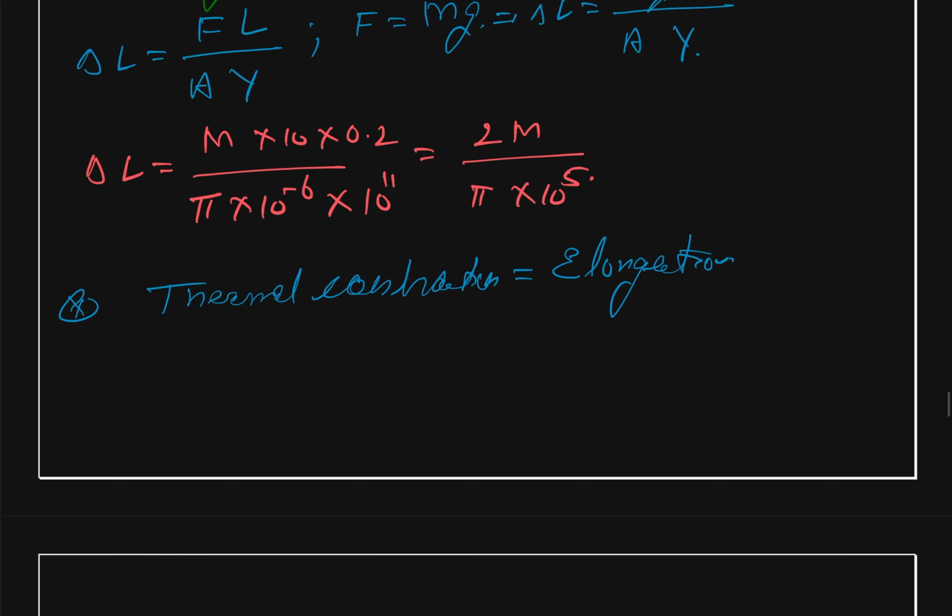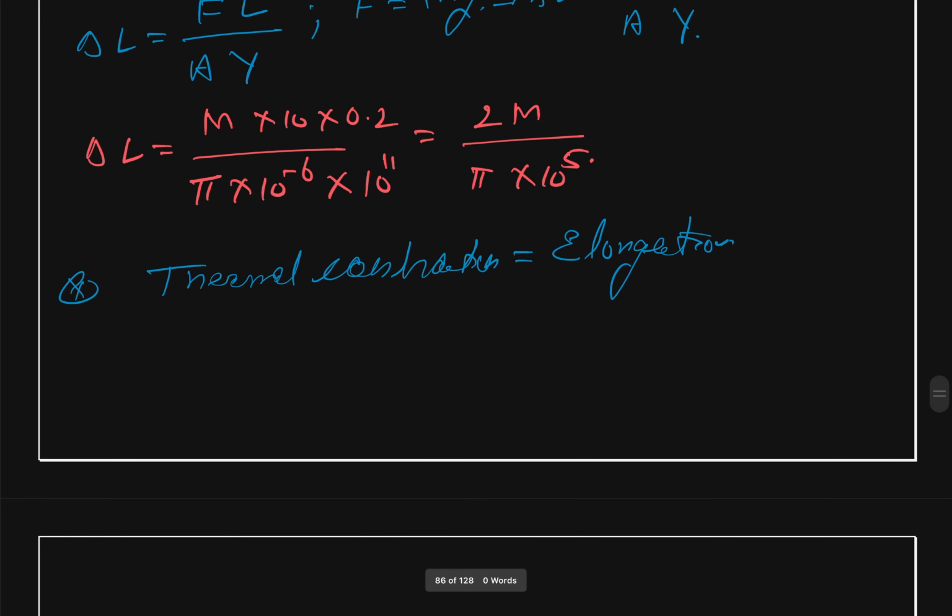Therefore the thermal contraction is 4 into 10 to the power minus 5, and the elongation is 2 times M pi into 10 to the power 5. From here we get that our mass M will be equal to 4 pi upon 2, or approximately we can say this is equal to 6.2 kg.